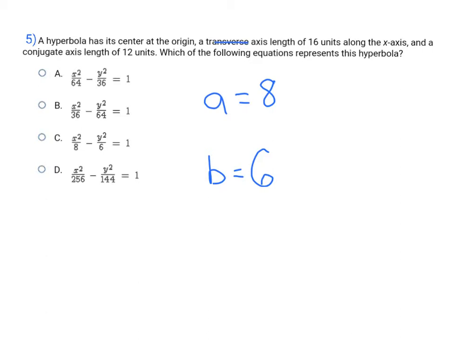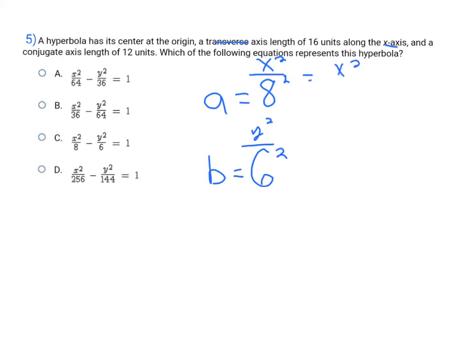So because the transverse axis is along the x-axis, that means I'm going to have the x squared on the top, and that leaves the y squared to be on the top of 6. But the last thing we need to remember is that we have to square the a number in the denominator and square the b number in the denominator for our hyperbola equation.